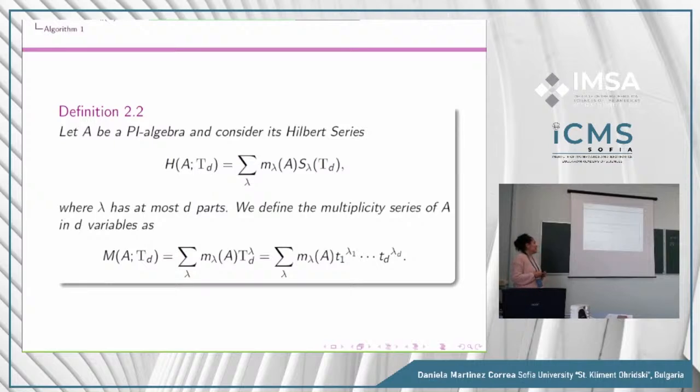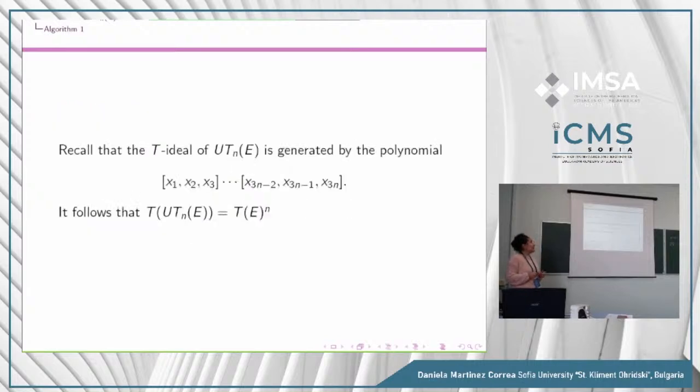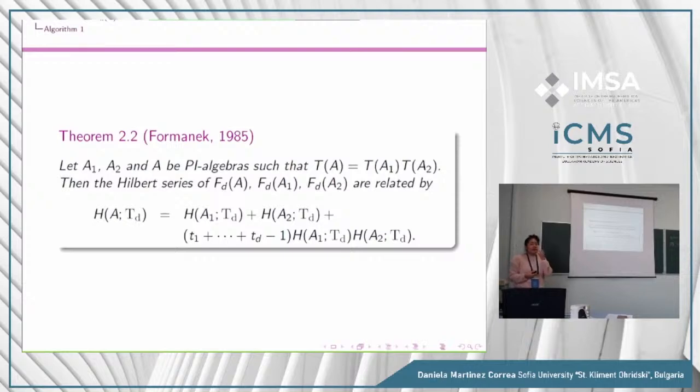The first ingredient is, remember that the ideal of this algebra is generated by this polynomial. But this is equivalent to say that the ideal of UT_n is the n-th power of the ideal of the Grassmann algebra. Okay? The second ingredient is a result of Fermat that gives us a relation between the Hilbert series of these algebras when the ideal of A is the product of these two ideals.